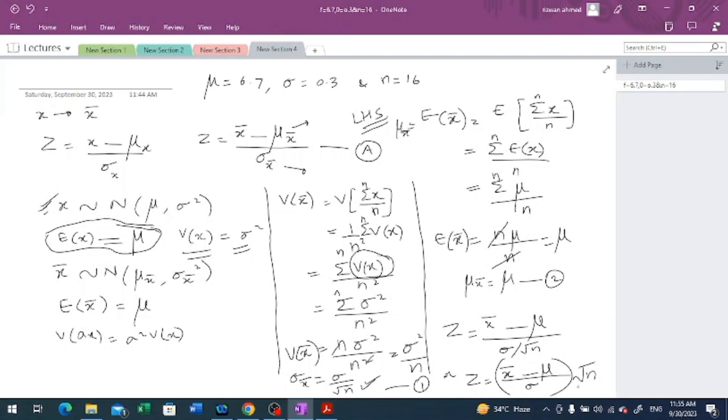This can be used when, instead of picking up one observation as a sample from the population to represent the entire population, we are picking up multiple observations of any given sample size n. So this new formula of z must be used to transform our random variable x bar to z.